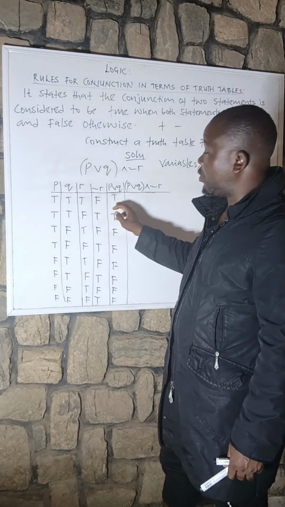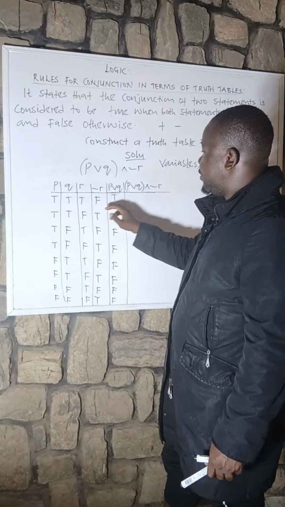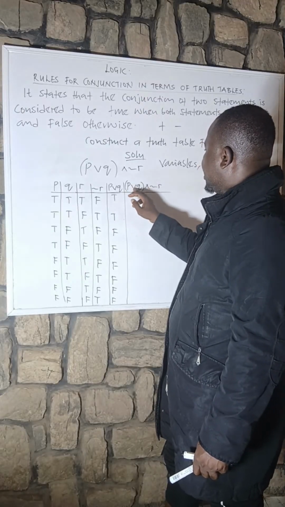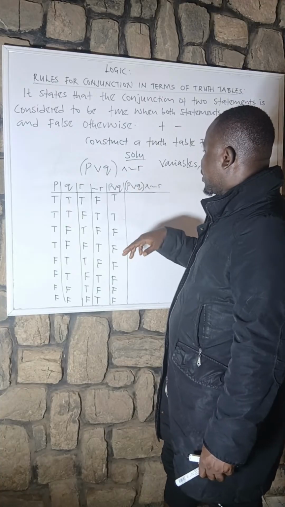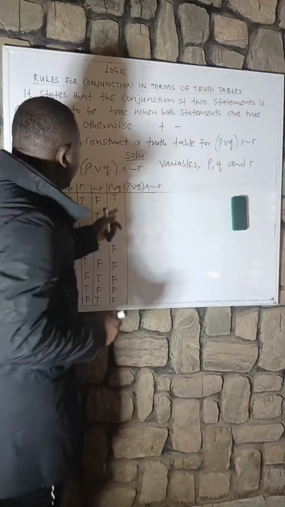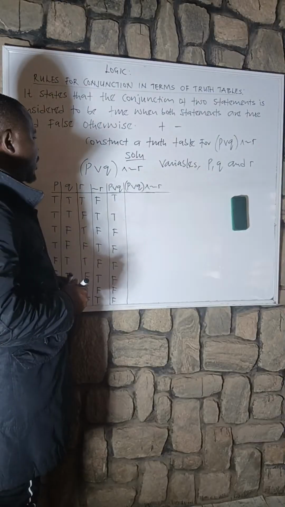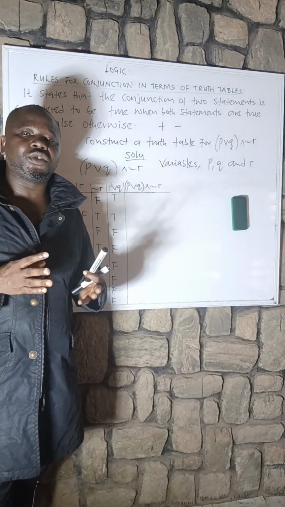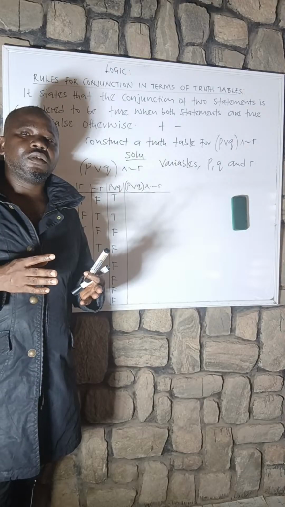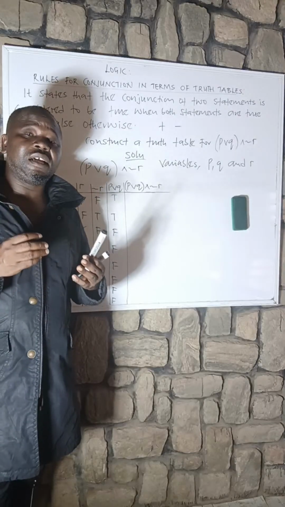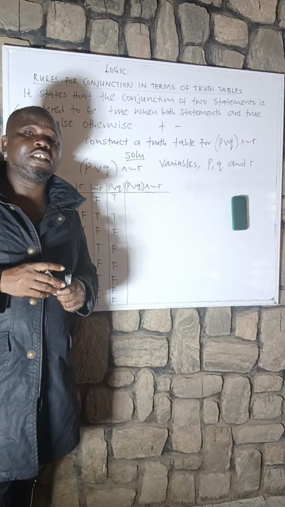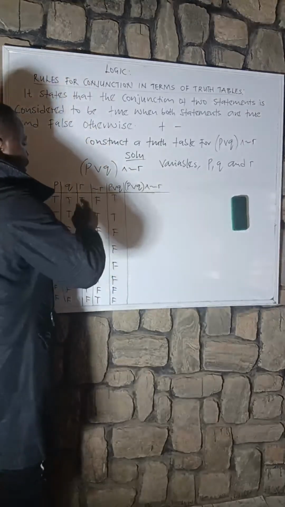That is what we'll be looking at. Always take note, because we are talking about P conjunction Q. It means the two statements have to be false, otherwise true.